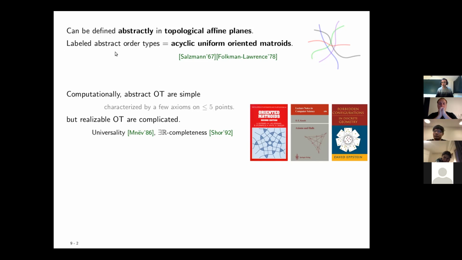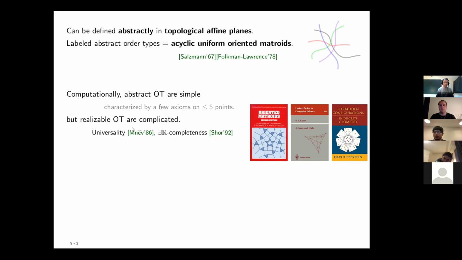The labeled abstract order types in this model are a well-known structure in optimization. They coincide with the acyclic uniform oriented matroids, and those are computationally pretty simple. In particular, for deciding membership, I give you a function that tells me for every triple of indices whether it turns left or right, and there is a polynomial algorithm to decide if this comes from an acyclic uniform oriented matroid.